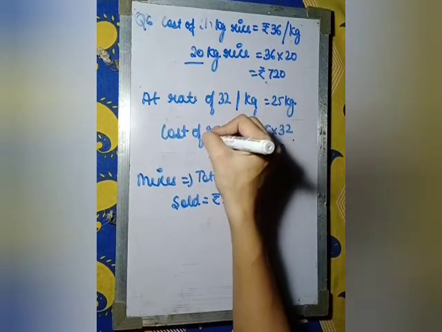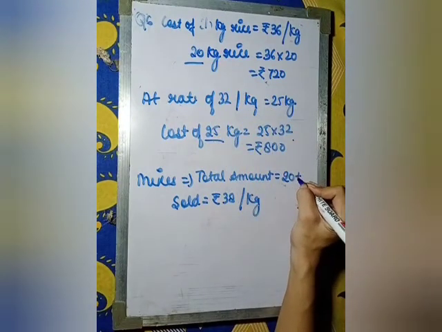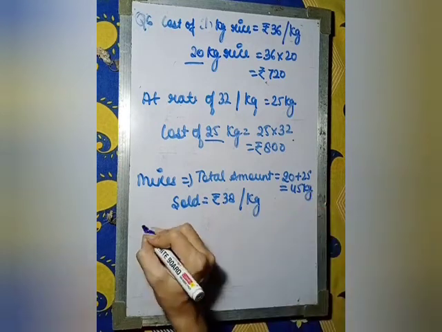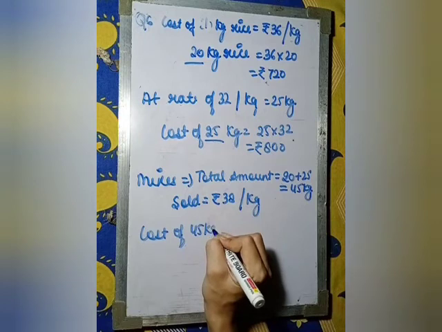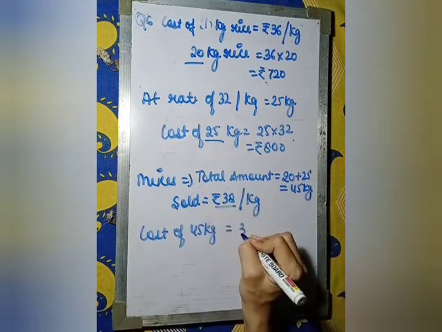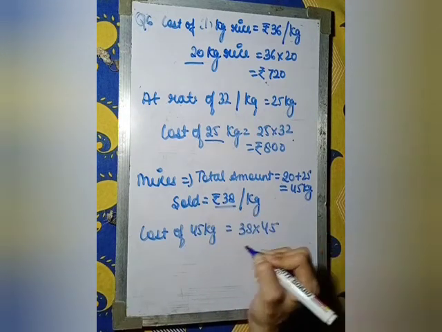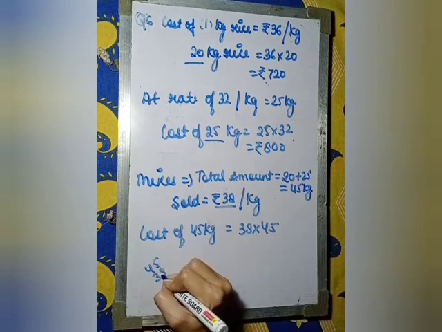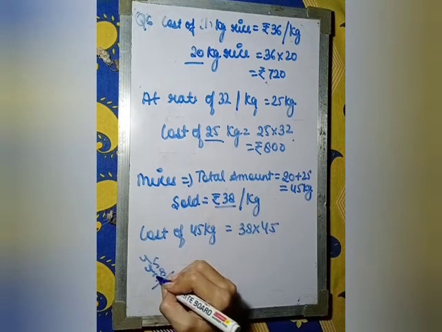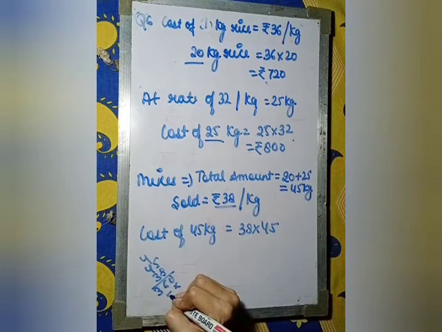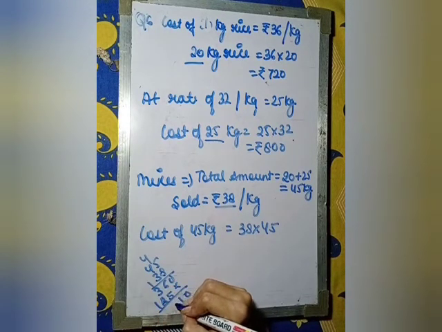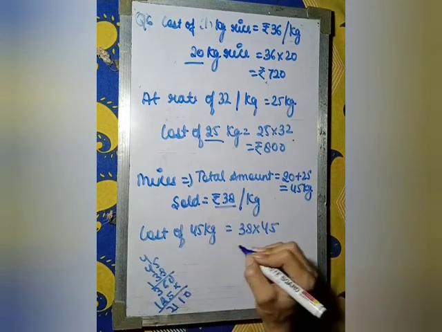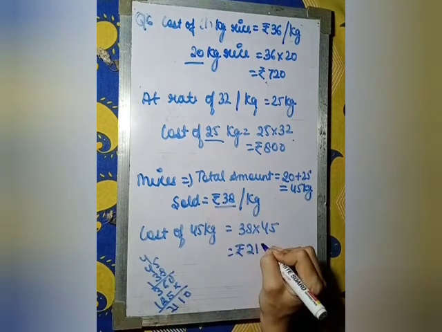We have 20 kg and 25 kg, so it will be 20 plus 25, that will be 45 kg. So the cost of 45 kg: 1 kg costs this much, so how much will 45 kg be? We multiply. It is rupees 2110.